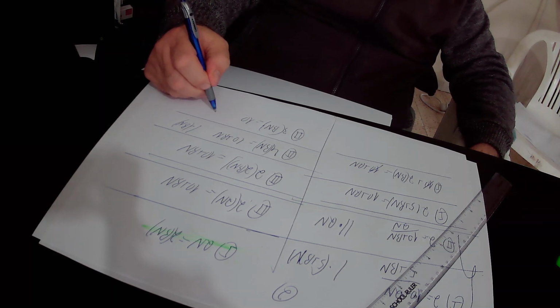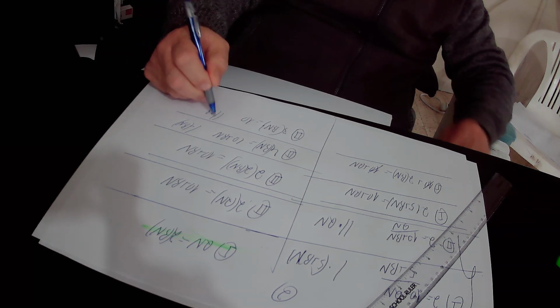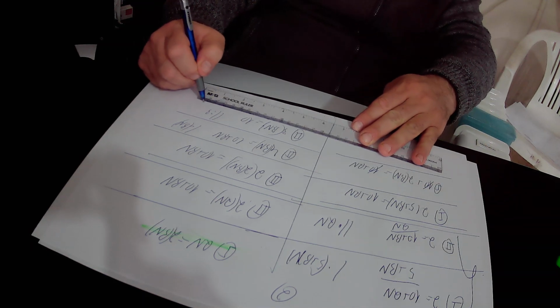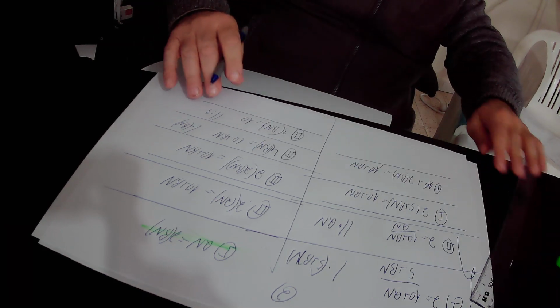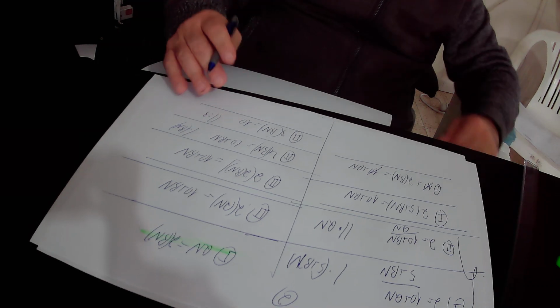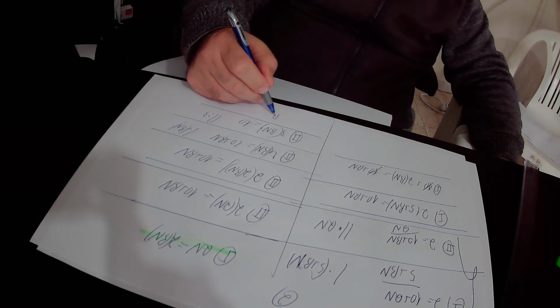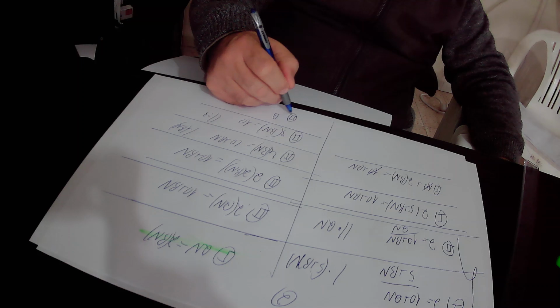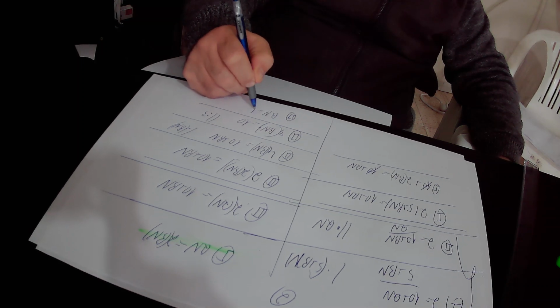Here we divide equation number 2 by 3, and finally we get that Bn equals 10 over 3.